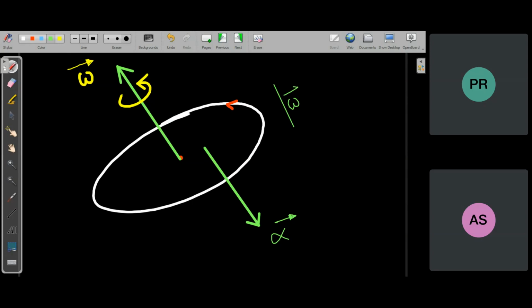If the magnitude of the omega vector is decreasing, angular acceleration must be opposite to the angular velocity. This is the concept. And if omega is increasing, then both are in the same direction.